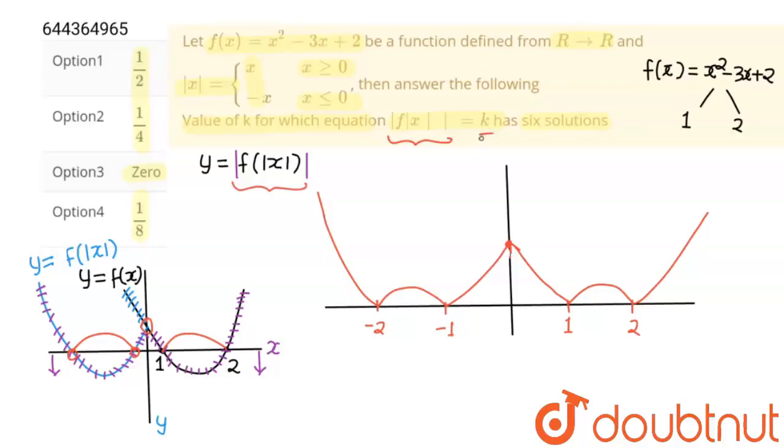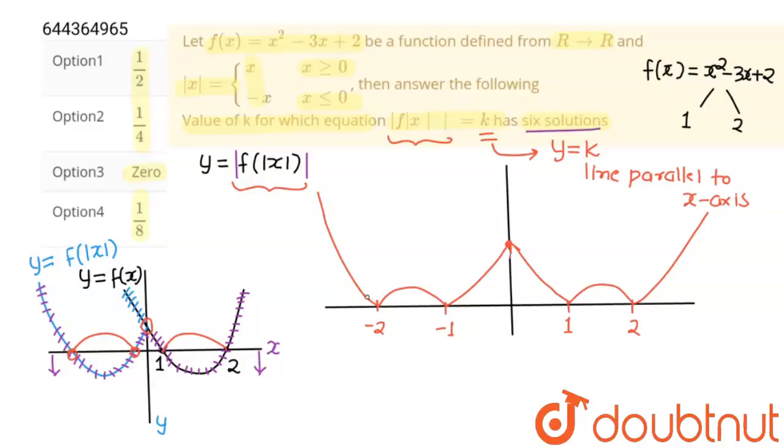Now equals to k. So I'm going to draw another graph, y equals k. And y equals k is a line parallel to the x-axis. And here we need 6 solutions.